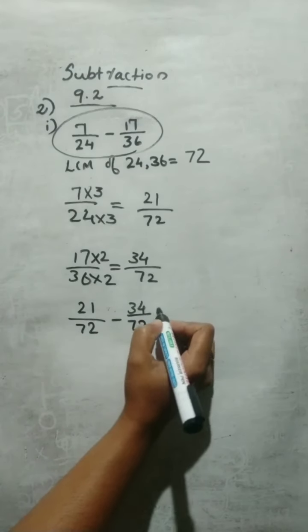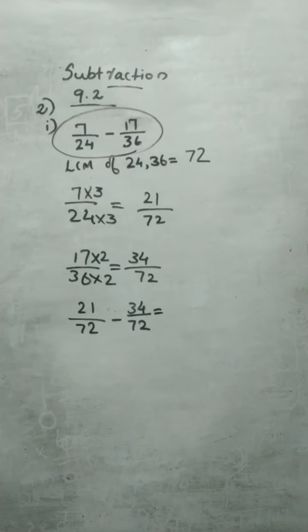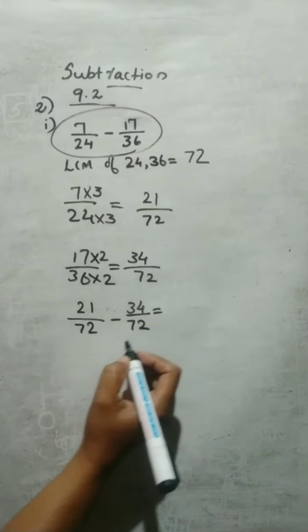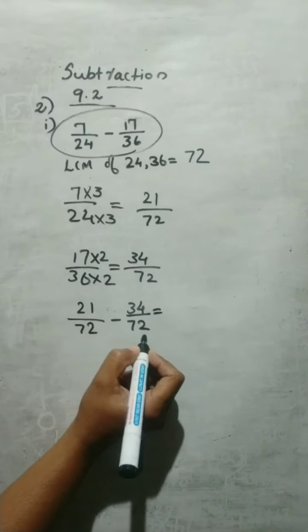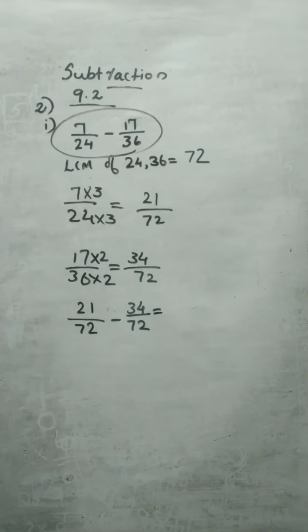How can we subtract? We have to add these rational numbers by taking the additive inverse of the second rational number.